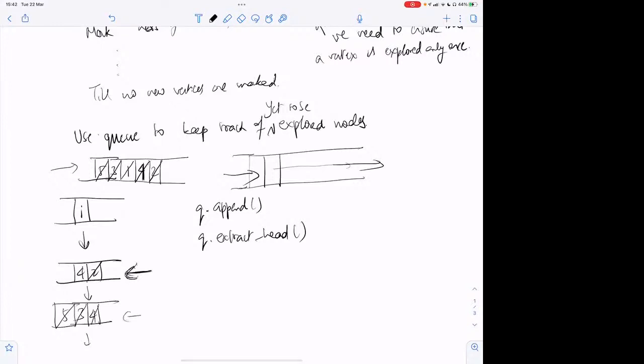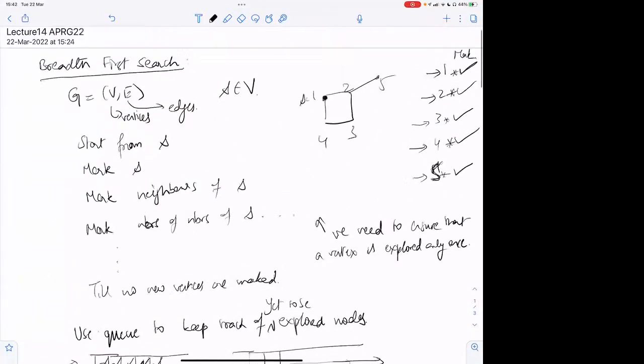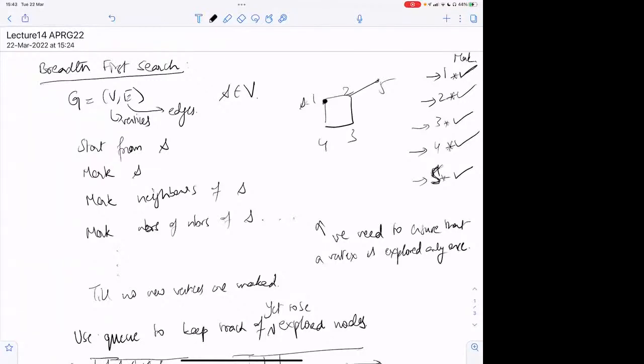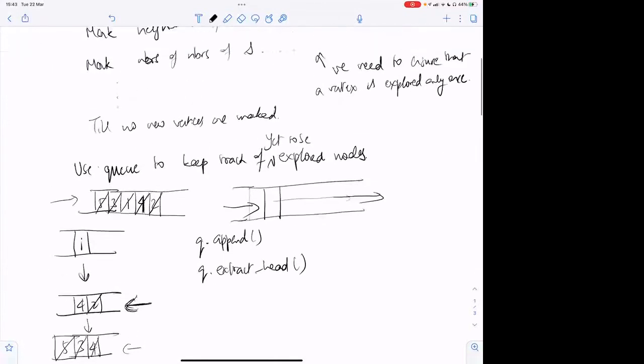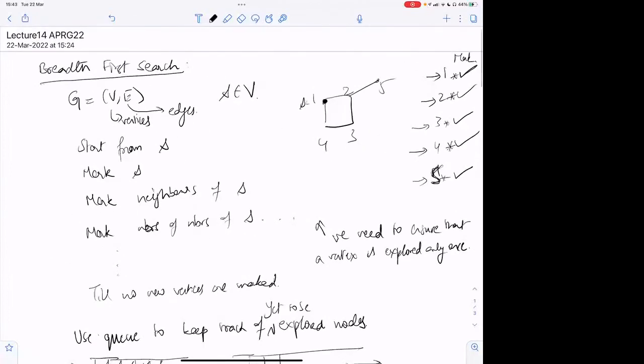Now there is nothing left to mark. Oh, okay. All the nodes are marked. So you will check through the neighbors of 4, 3, and 5, and you will see that all of them are marked. Yes, sir.